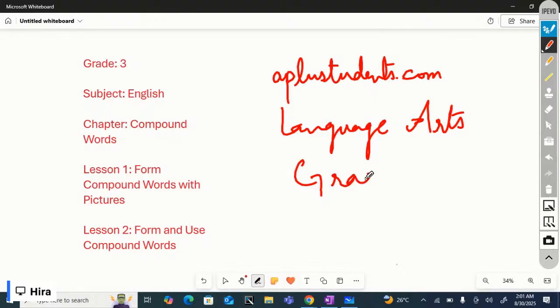And it's time for grade 3 class. The chapter that I'm going to teach today is compound words.